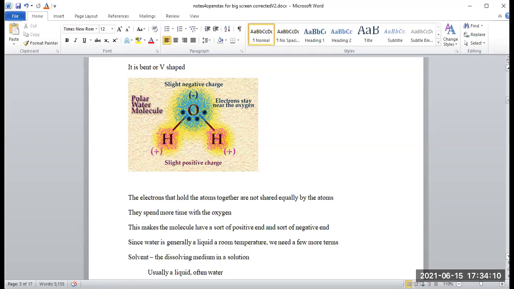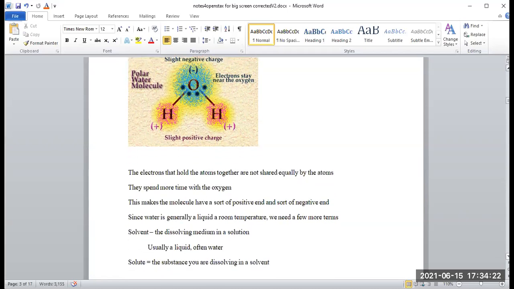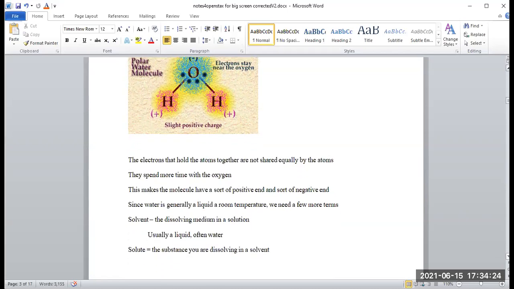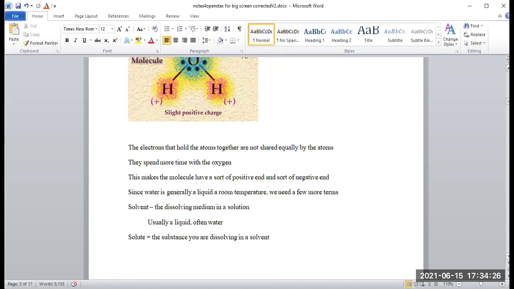When I look at that and I see it labeled polar, my brain goes, of course, water is polar. Just a truism, okay, which makes for bad brain connections when you're thinking about those sorts of things.